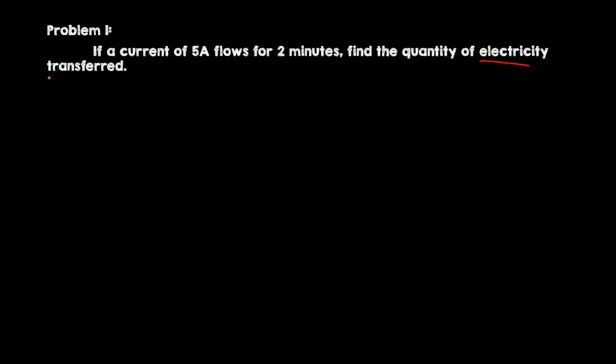So, the formula for Q is equals to I times T. So, we have I, which is 5 amperes, and T, which is 2 minutes. As I said earlier, it should be always in SI unit. So, current is already in ampere, so we should convert 2 minutes into seconds.